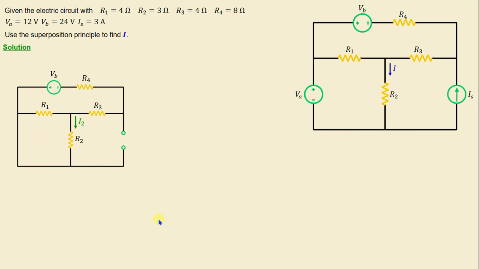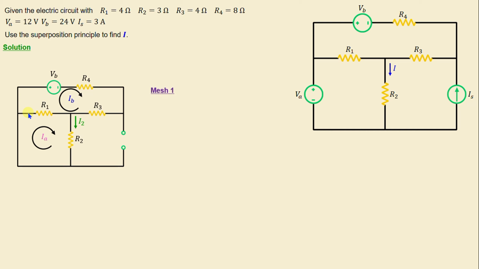In order to calculate the current I2, I will use the mesh analysis method. It's evident that we have here 2 meshes. This is mesh number 1 and this is mesh number 2. I will consider IA is the current in mesh 1 and IB is the current in mesh 2.